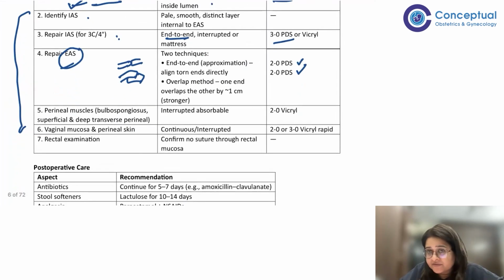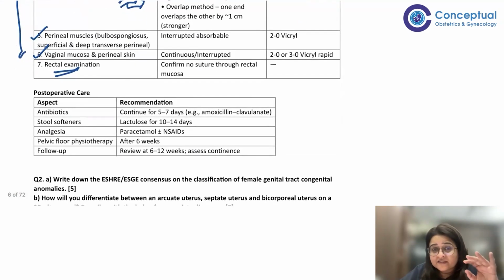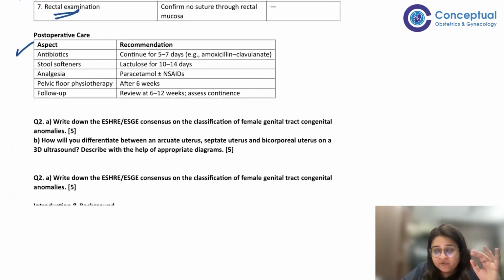Then, like any other perineal tear, repair the muscle and the mucosa, and always do a rectal examination to make sure no suture has gone through the rectal mucosa. This is in the event of a third degree perineal tear. Post-op care is very important: broad spectrum antibiotics, stool softeners, analgesics, physiotherapy, follow up at 6 to 12 weeks.